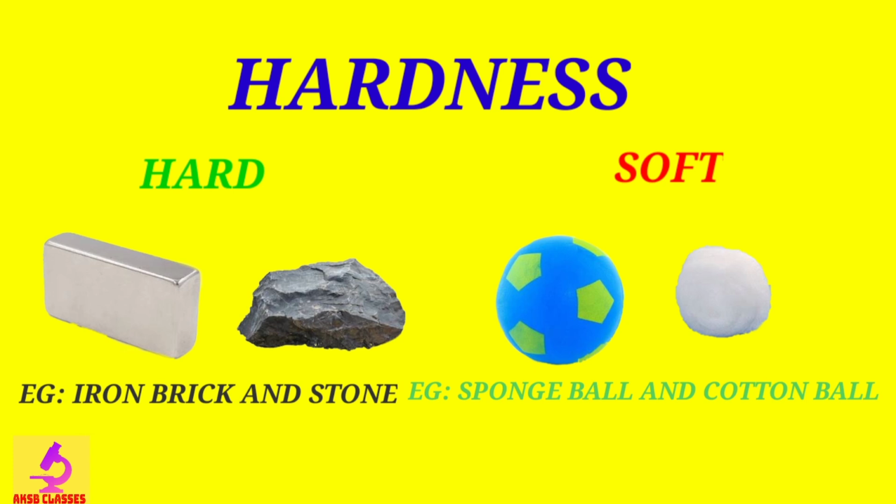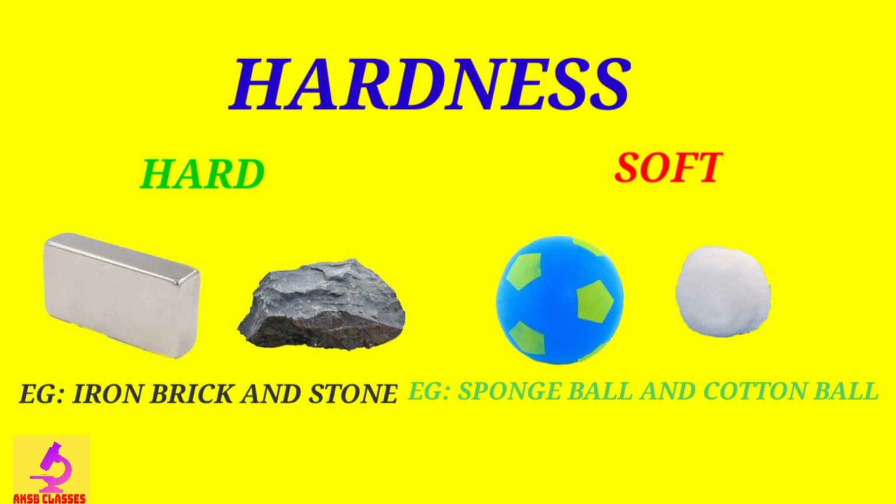But the matter where there is no change after applying force, if we scratch it with our nail, the thing will come from the hard material. But if we scratch with our nail, something must come off in the case of soft matter. So hardness is also a property to decide the grouping of matters.